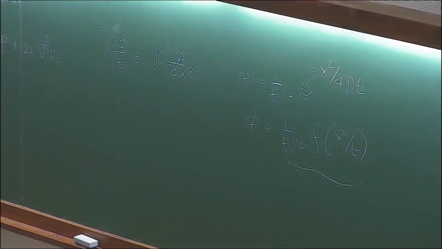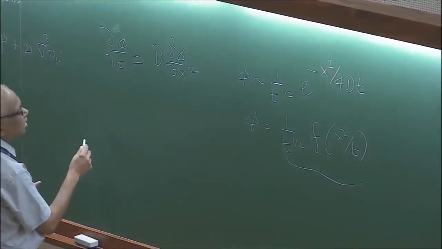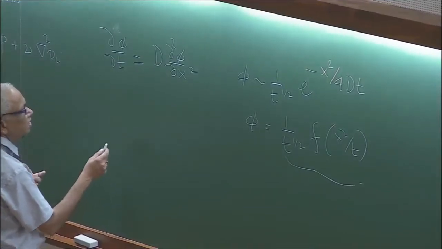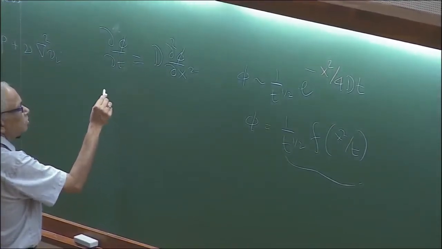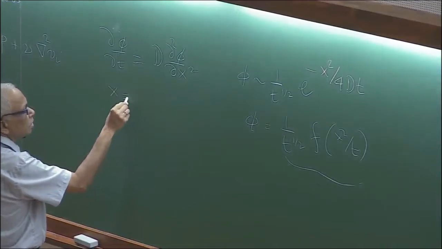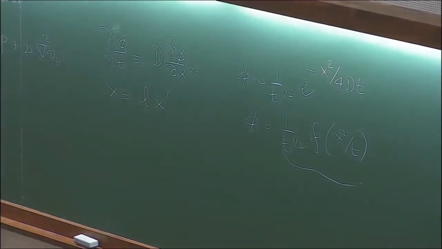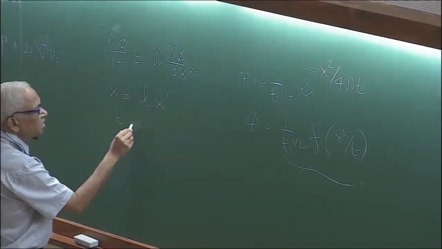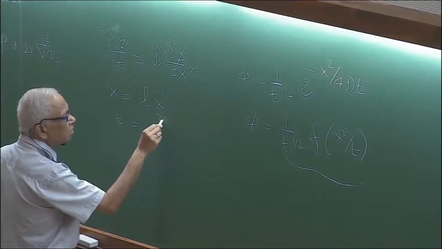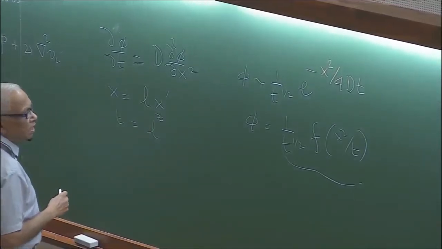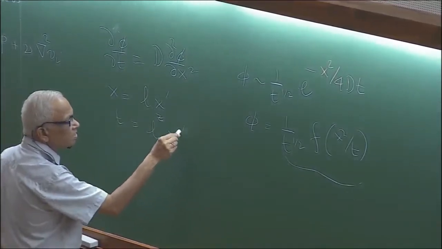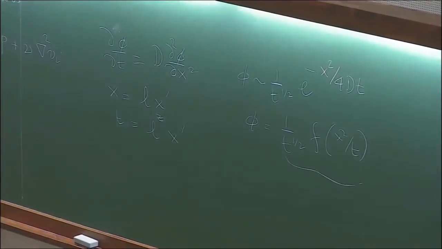And the answer is that you look for scale invariant solutions. So you do a scale transformation, x equal to L x prime, and t transforms with some unknown exponent, L to the power z times t prime.